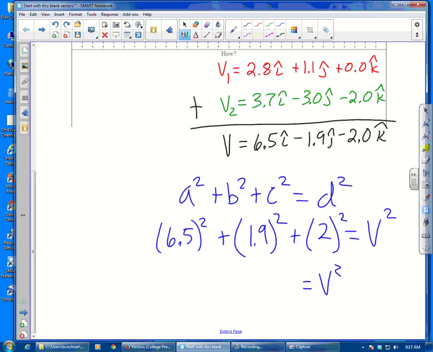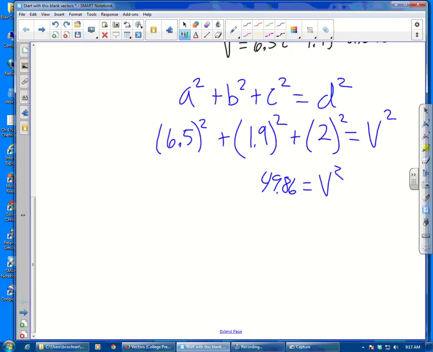So v squared is 49.86. But what's the most common mistake at this point? To forget to square root it. I don't want v squared, I want v, and I get v equals 7.06.